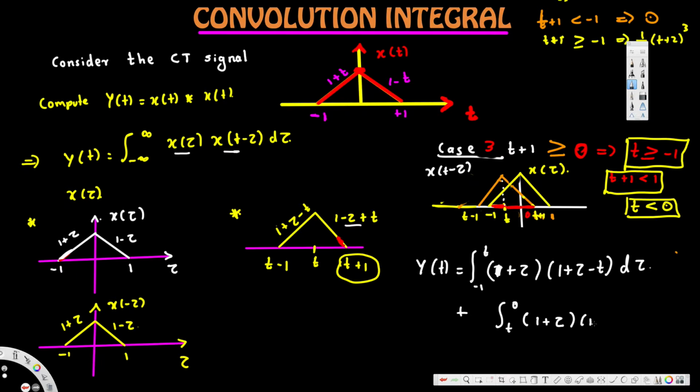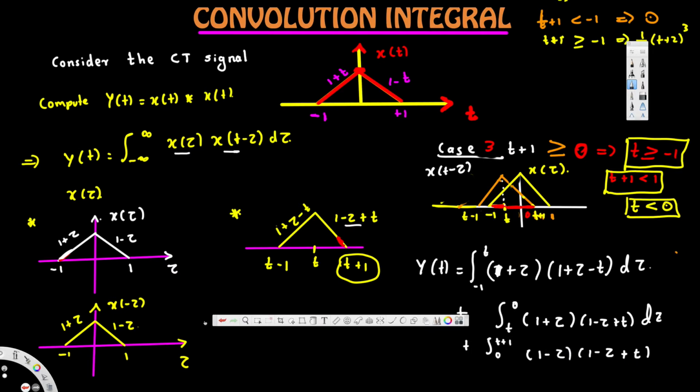So 1 minus tau plus t d tau. And the third one we have is from 0 to t plus 1. In that region we have this downslope for x of tau, that's 1 minus tau, and the downslope of x of tau minus t, that's 1 minus tau plus t.